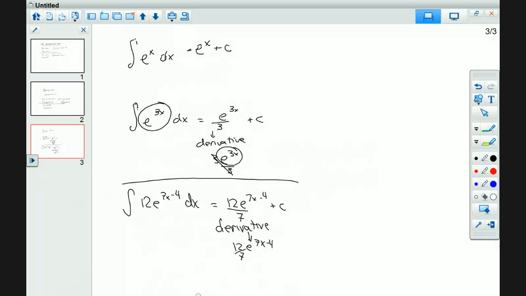The derivative of e to the x is e to the x. So copy the inside. Now what's the derivative of the inside? Do they match? That's why we have to put the 7 underneath. This is the chain rule. We have to deal with that.